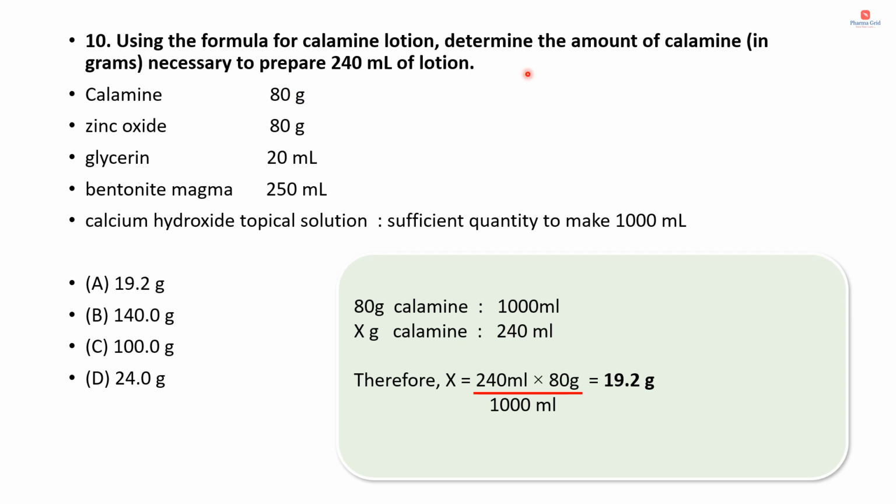So we need to find out the amount of calamine present in 240 ml of the lotion. Let it be X gram that is required to prepare 240 ml of the lotion. So find out the value of X by cross multiplication, that is 240 into 80 divided by 1000, that is equal to 19.2 gram. So here the correct answer is option A, that is 19.2 gram.